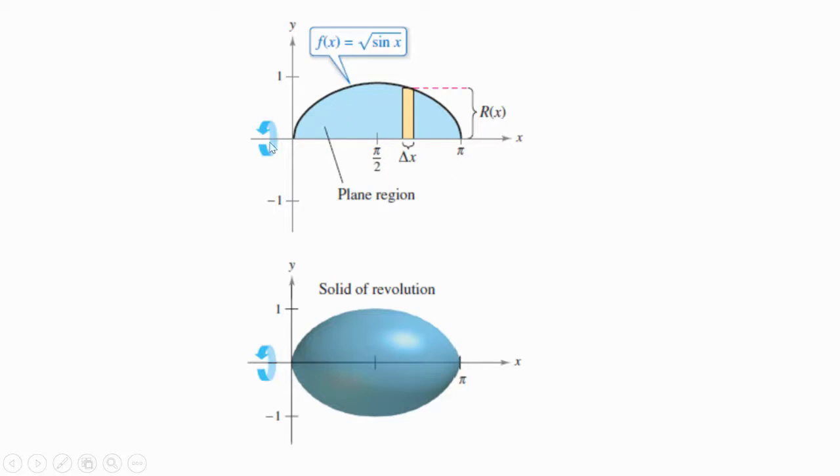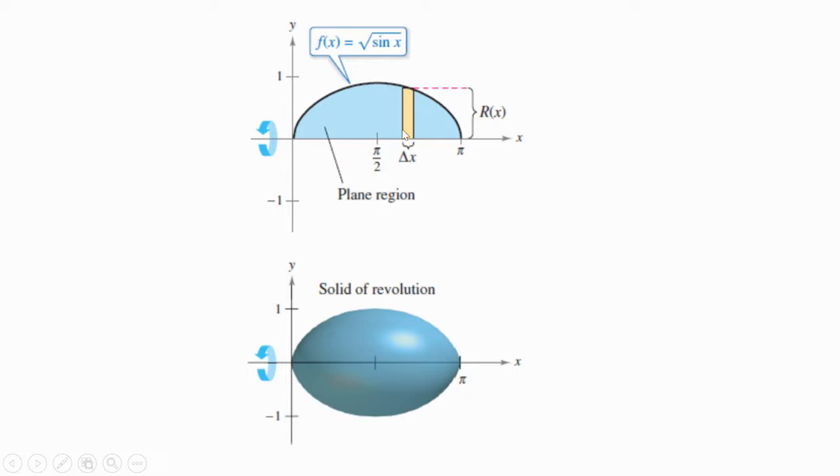Now, what we're going to do is say this is the axis of revolution. And again, you should draw this little arrow because that helps you remember which axis you're rotating around. And then you're going to draw a slice. Now, this is where it's important for you to remember that in the disc or washer method, you draw your slice perpendicular to the axis of revolution.